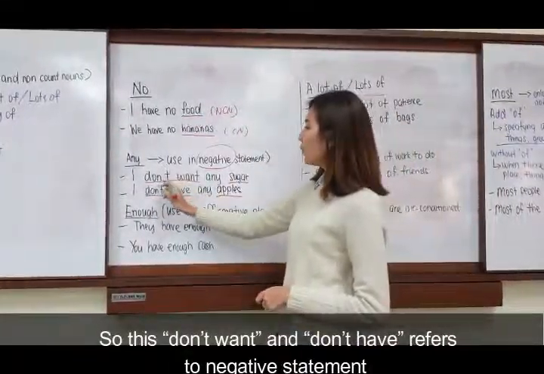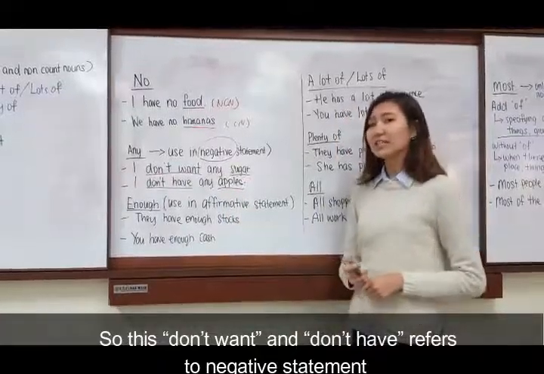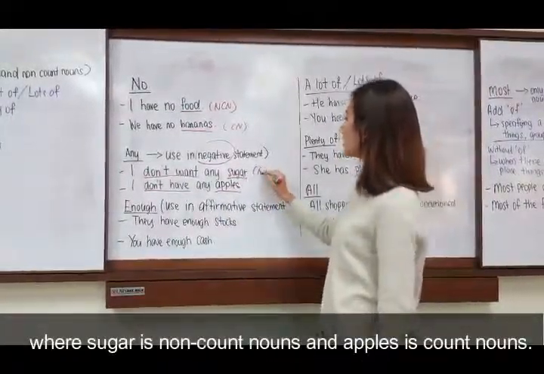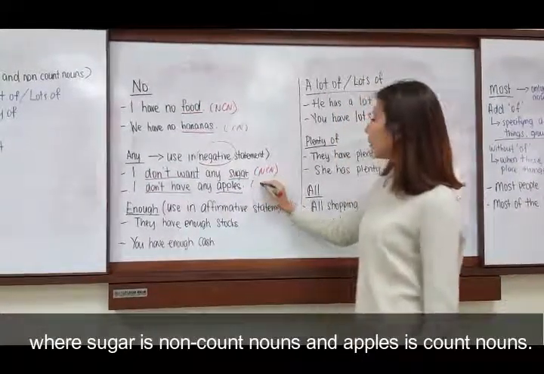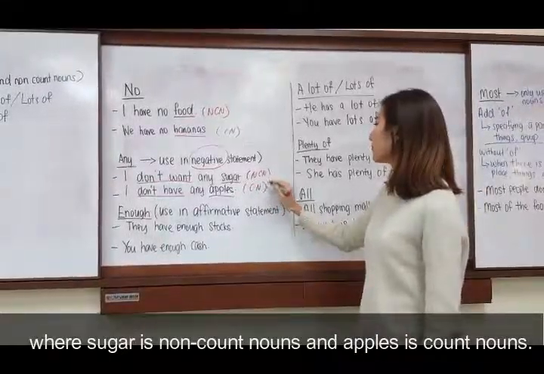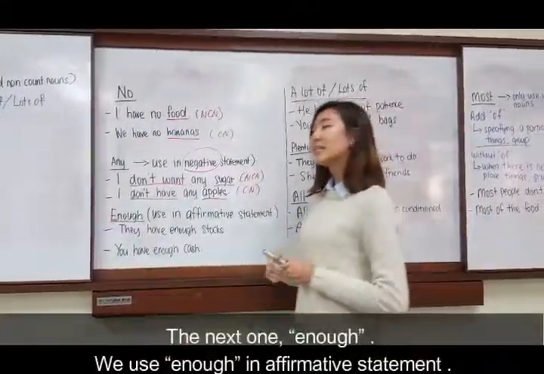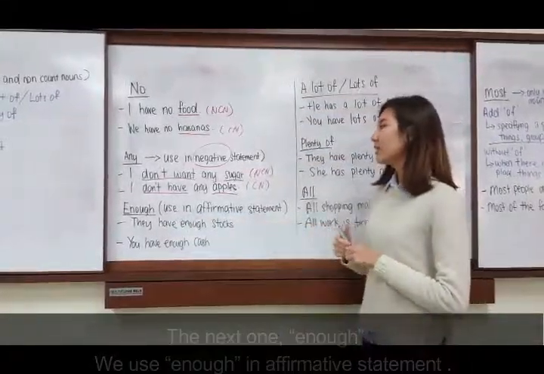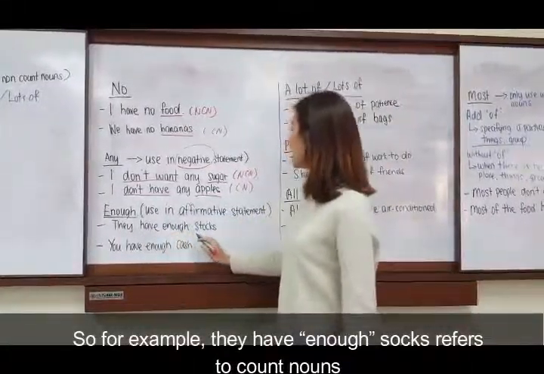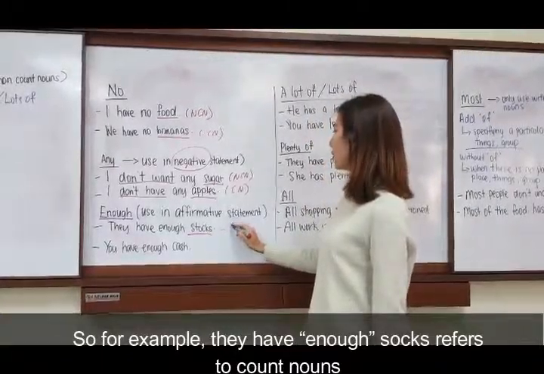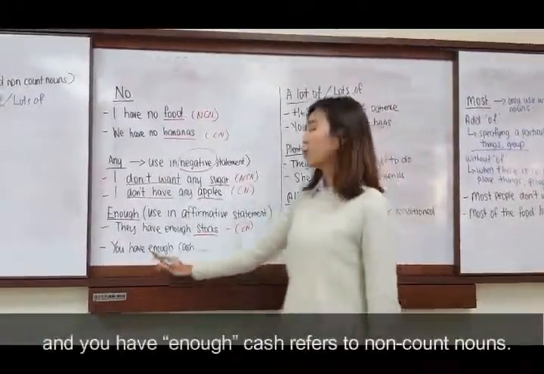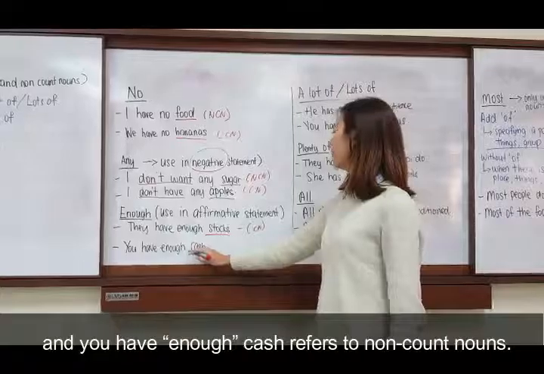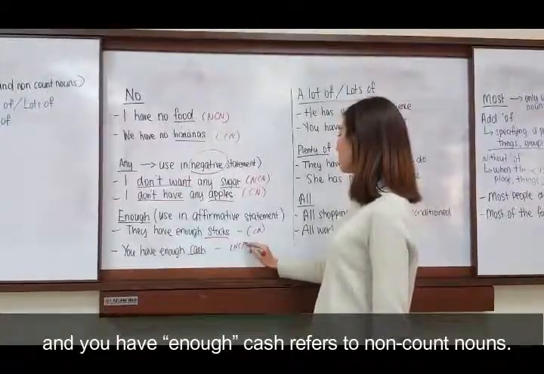So don't want and don't have refer to negative statements, where sugar is a non-count noun and apple is a count noun.